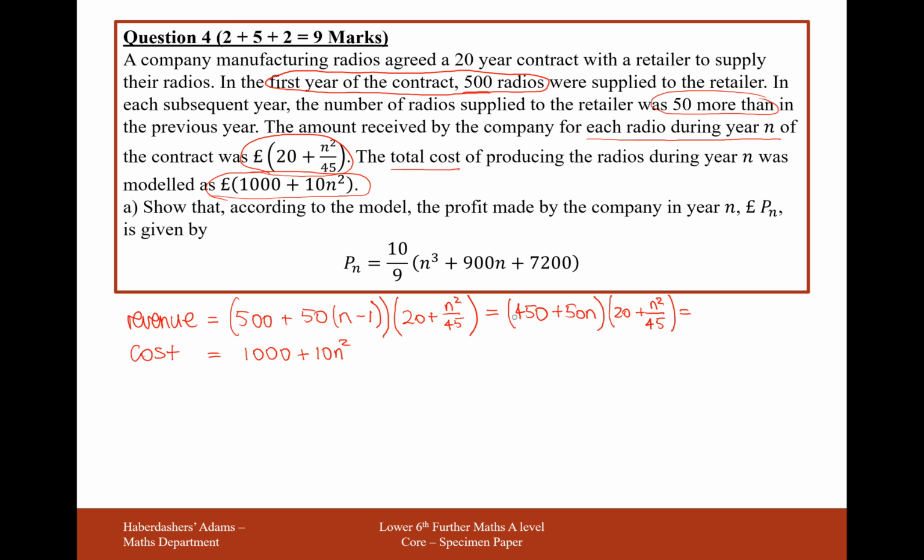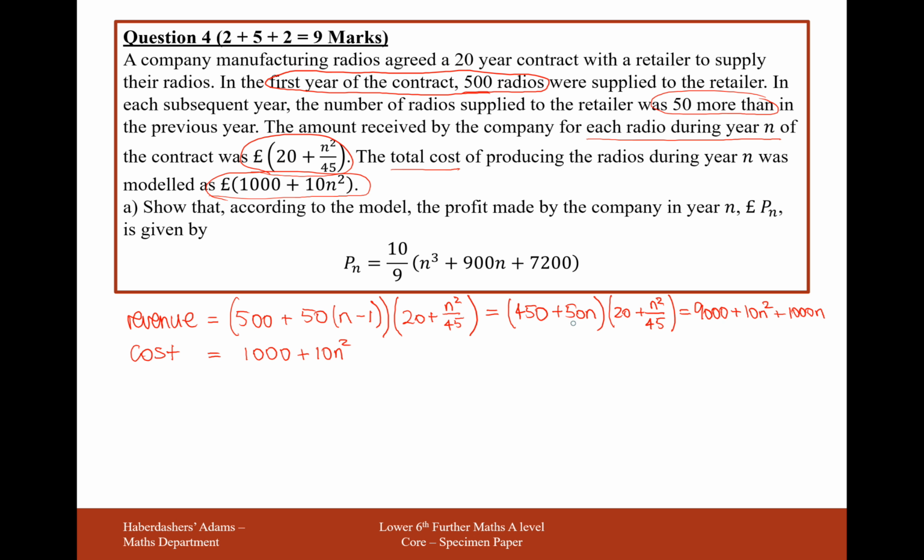So expanding these brackets, we're going to get 450 times 20 is 9,000. 450 times N squared over 45 is going to be 10N squared. 50N times 20 is 1,000N.